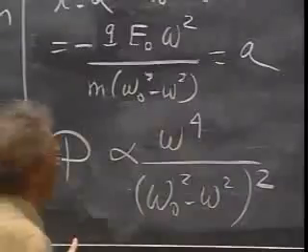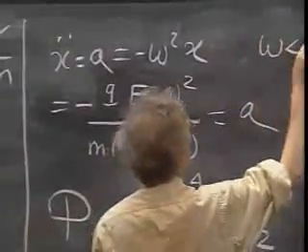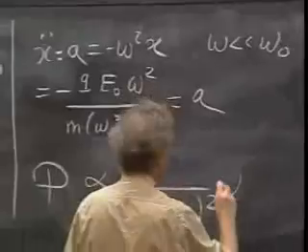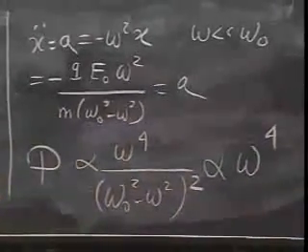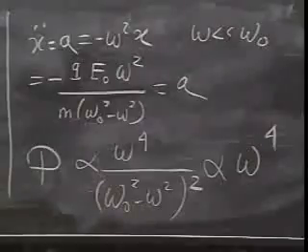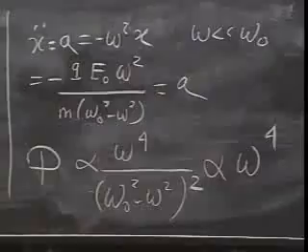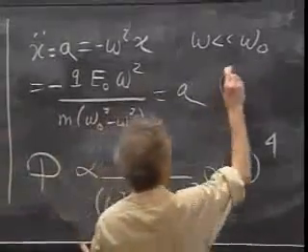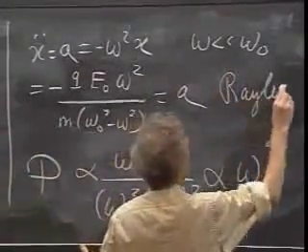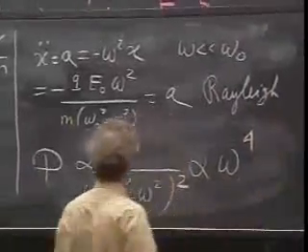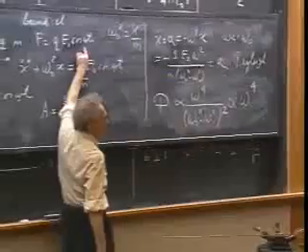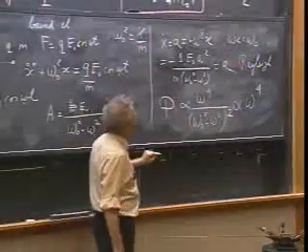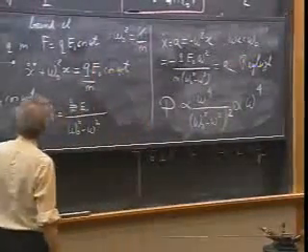And now, if omega is way below resonance, this is proportional to omega to the fourth. And that's a very famous result, which is known in the literature as Rayleigh scattering. And the reason why we call it Rayleigh scattering is that you must understand that the radiation that comes in has this frequency, but the radiation that comes out has exactly the same frequency.